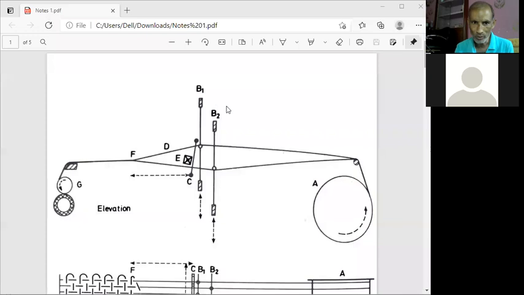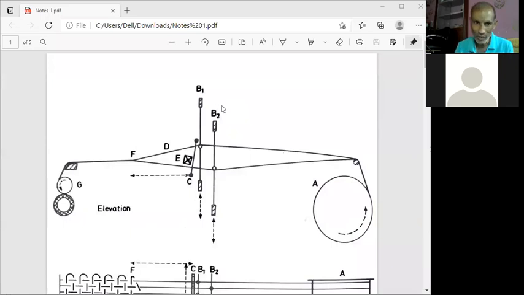And according to the plan or the selection mechanism, we are raising and lowering the heald frames. And that is the function of the shedding mechanism. Either we can lift the heald frames or we can lower the heald frames according to our requirement with the help of the shedding mechanism. So the shedding mechanism is responsible for lifting and lowering of heald frames.